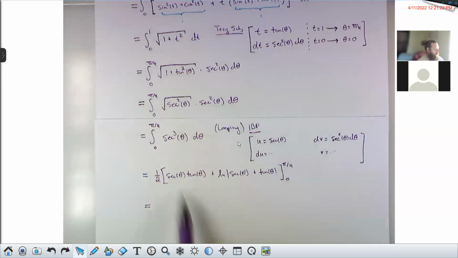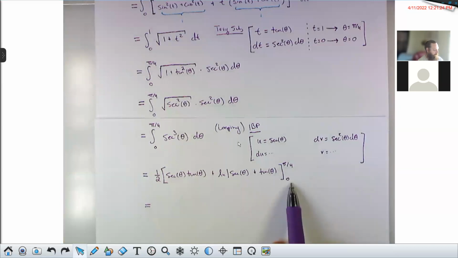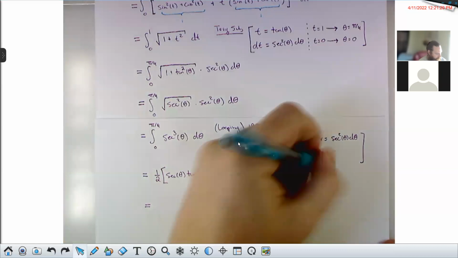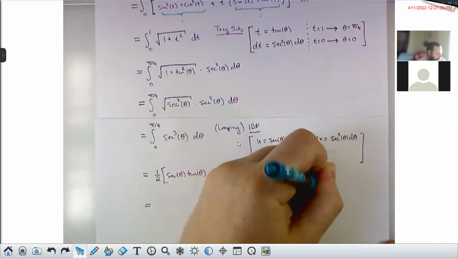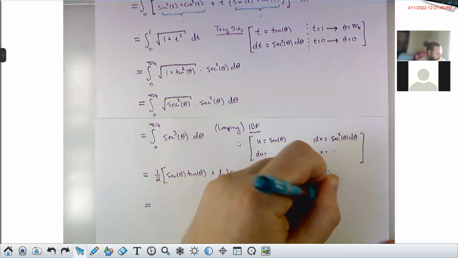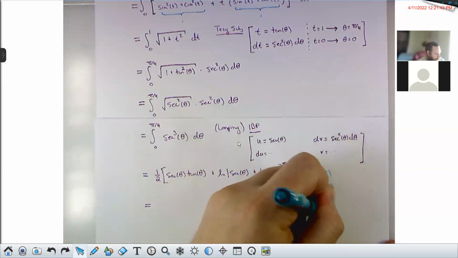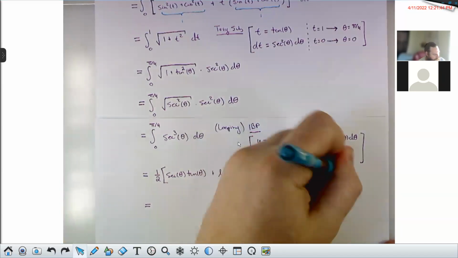In order to evaluate this at pi over 4 and 0, obviously we need to know the secant of pi over 4, the tangent of pi over 4, the secant of 0, and the tangent of 0.